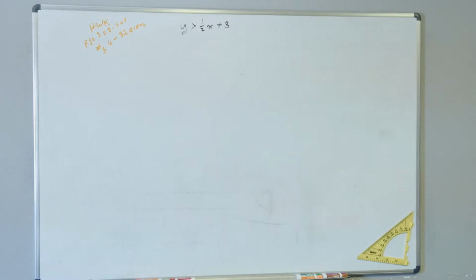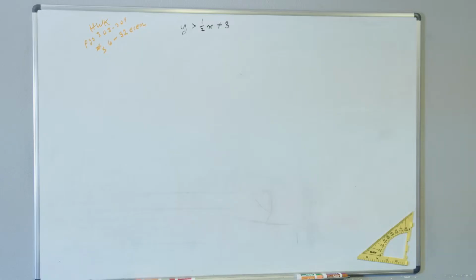Okay. In order to graph a line, which this is, right, what has to be true? What do we need before we can start graphing? We need it in slope-intercept form first, and then we need slope and y-intercept. Is it in slope-intercept form? Yes.